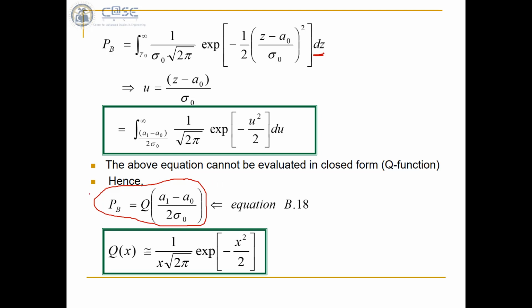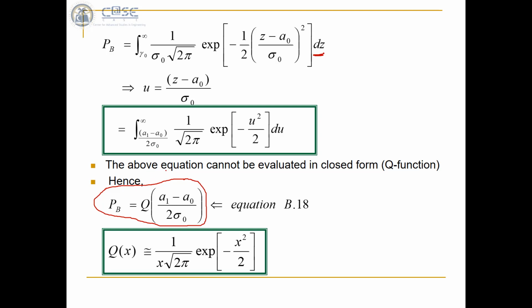You have the tables that can calculate the value of PB, which is the error probability, using the Q function, right? So in these two steps, we have simplified our integral in terms of the Q function, right?